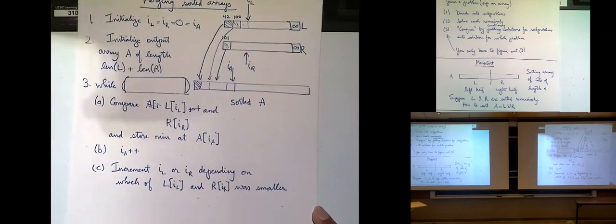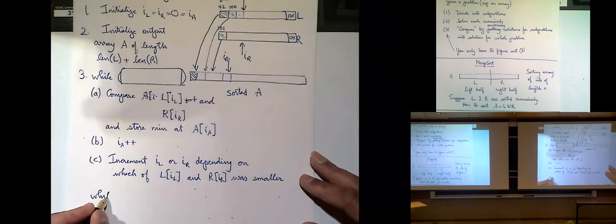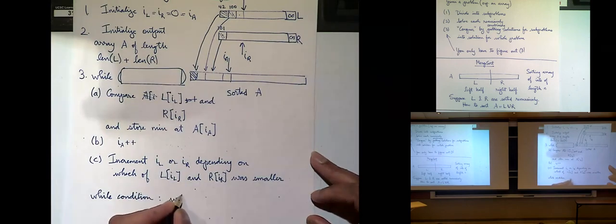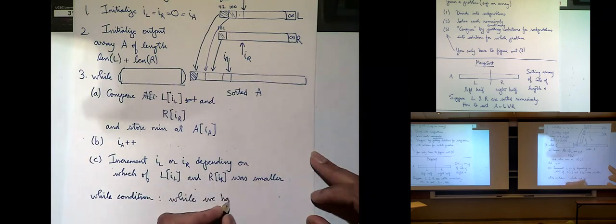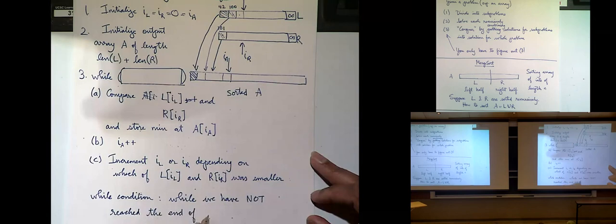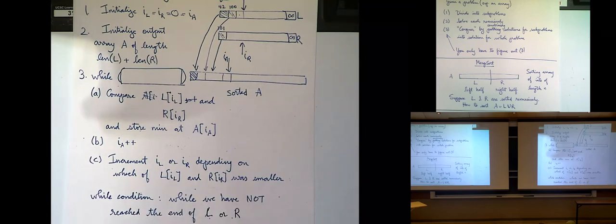You can do this in many ways, but basically the while condition is while we have not reached the end of L or R. This is a little, no, this is badly wrong.